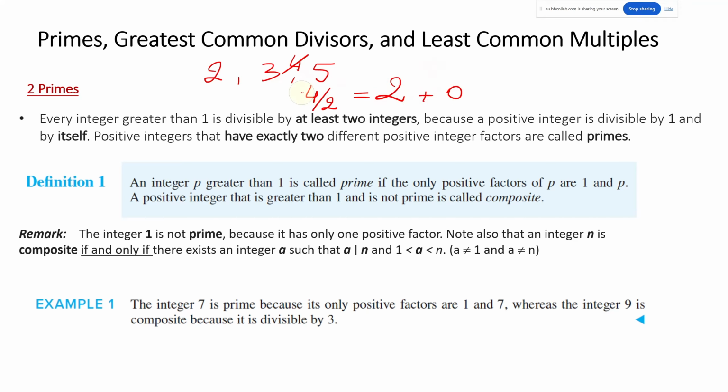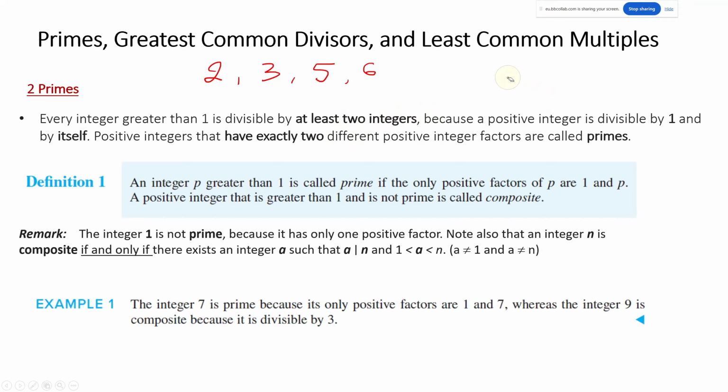So 2 divides 4, and we said that to be prime, I can only divide it by 1 and itself. That means 4 is not an option. 4 is not a prime. Okay, what about 6? Well, same thing. 6 is not a prime because I can divide 6 by 2, and I can also divide 6 by 3, and all this is going to give me 0 as the remainder.